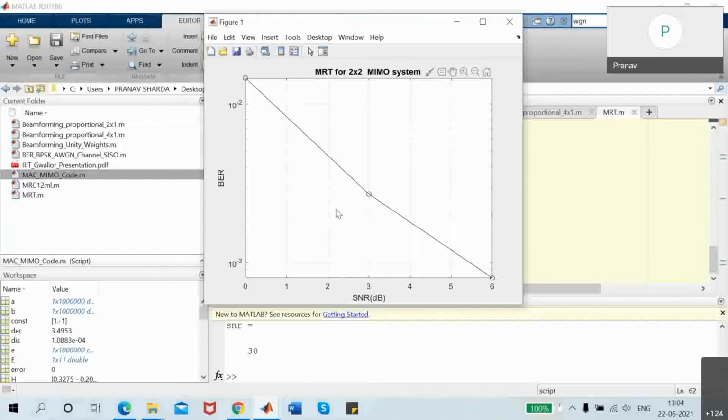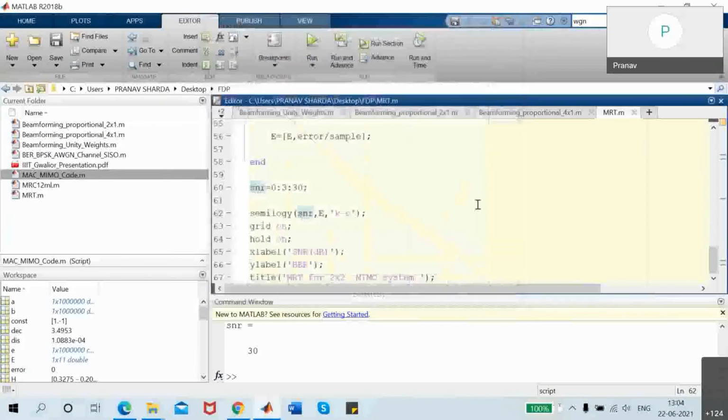This is how we implement MRT at the receiver. The main objective is to maximize the SNR at the receiver. We make use of a combining vector at the receiver and utilize beamforming at the transmitter using the transmit weights. So this is how we implemented the MRT scheme in MATLAB.